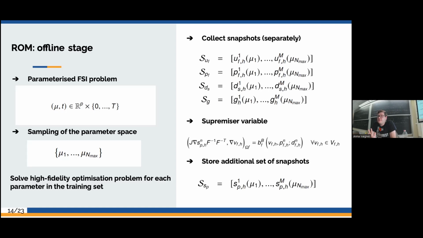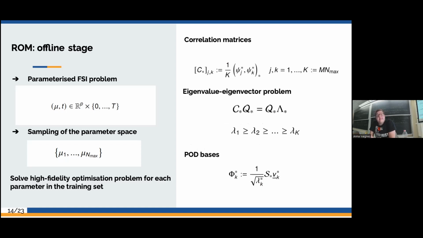So we also need to build inf-sup stable spaces at the reduced order level, and for that we use the so-called supremizer technique, which consists in the following: for each snapshot of the fluid pressure, we solve the following equation in order to find a supremizer variable, and then we store an additional set of supremizer variables.